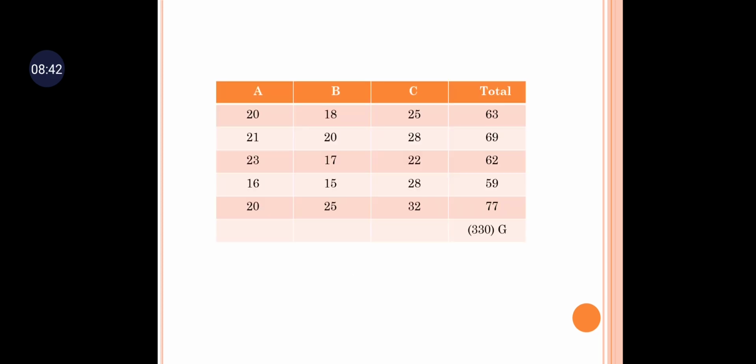This is the calculation for these 3 varieties of seeds. Row-wise we have to add these totals, 20 plus 18 plus 25, the sum of these values.